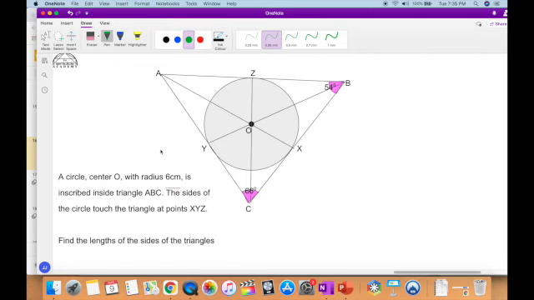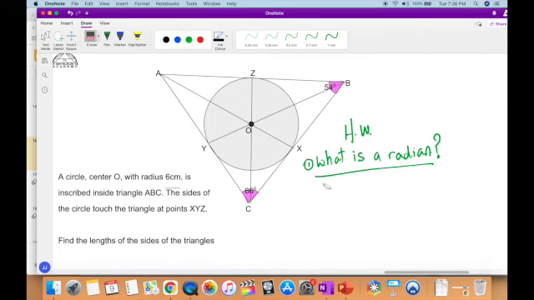So write down this homework actually before I forget. For next class, write down what is a radian. Just answer this question for me.